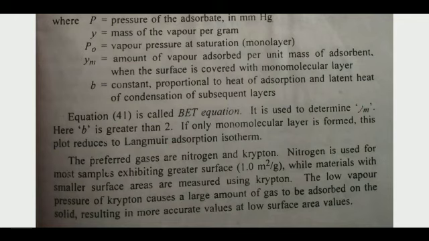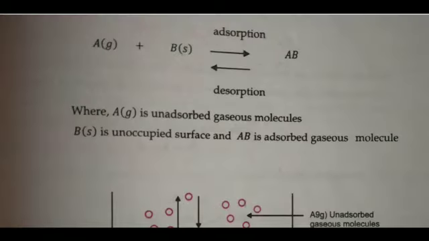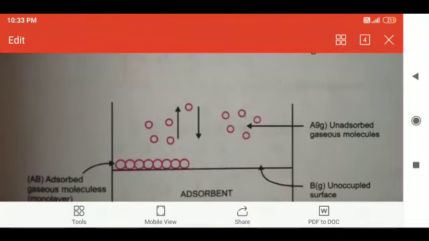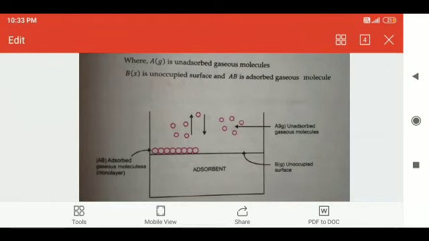At high pressure, the mass of gas adsorbed forms a multi-molecular layer. As per the assumptions, all sites on the solid surface are equal in size and shape, having equal affinity for adsorbing molecules. The Langmuir equation assumes that molecules do not interact with each other.